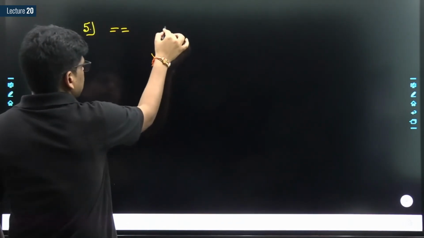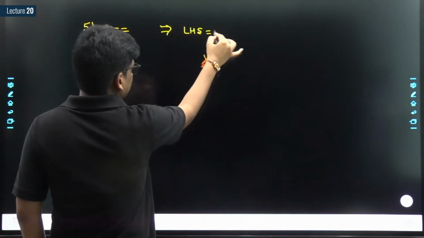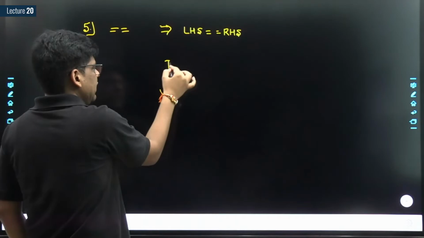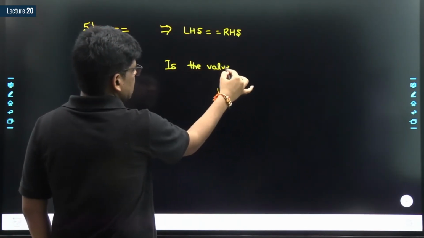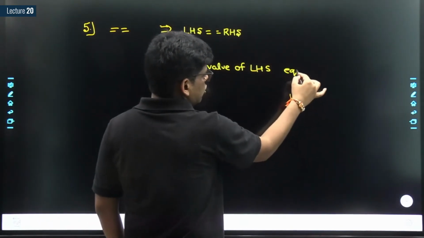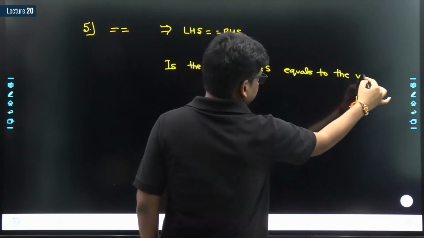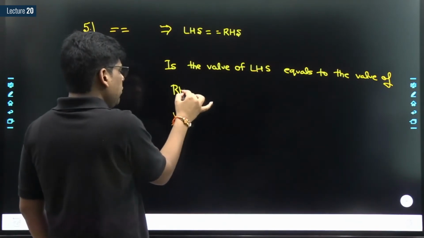Okay, sir, the basic syntax is LHS equals to RHS. What we are interested in is whether the value of LHS equals the value of RHS. We are comparing two values, whether they are the same or not.